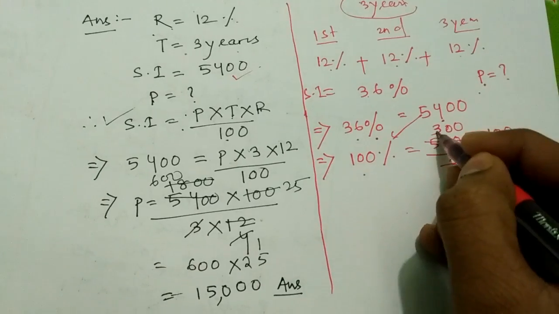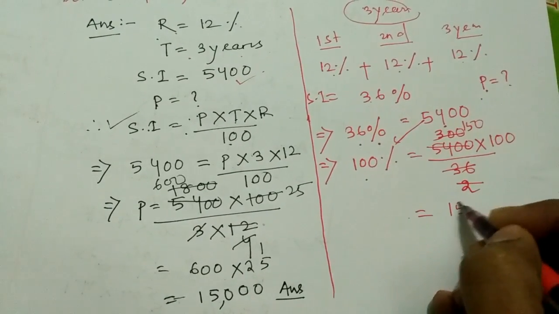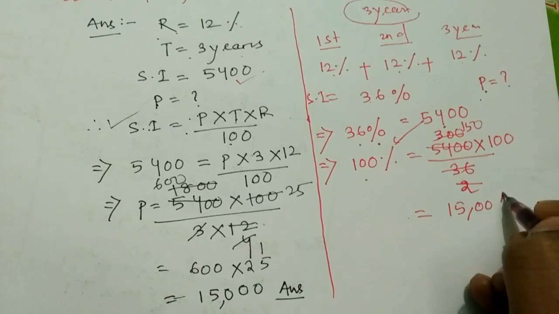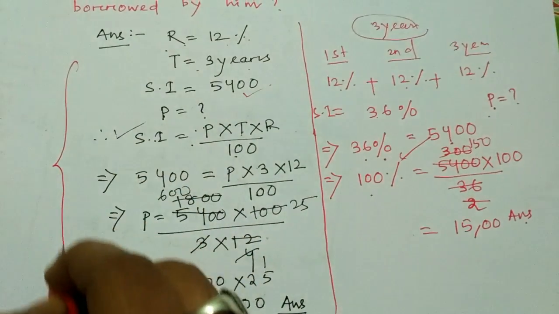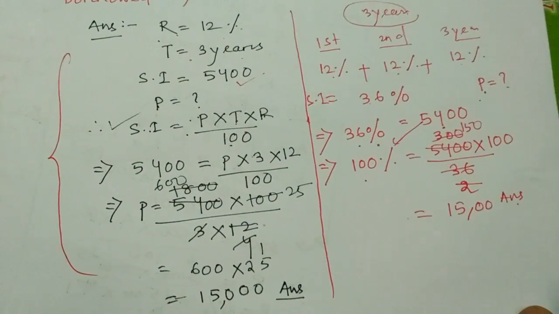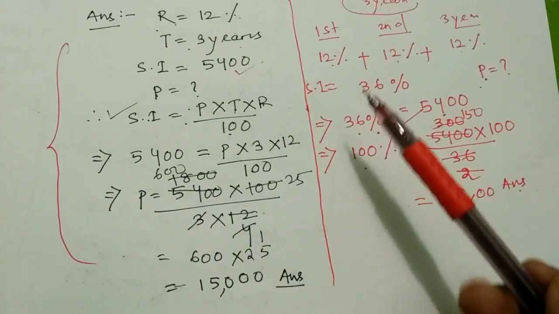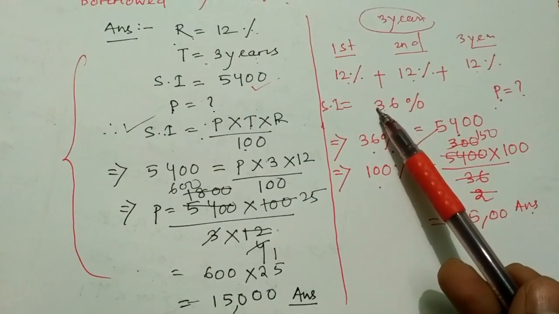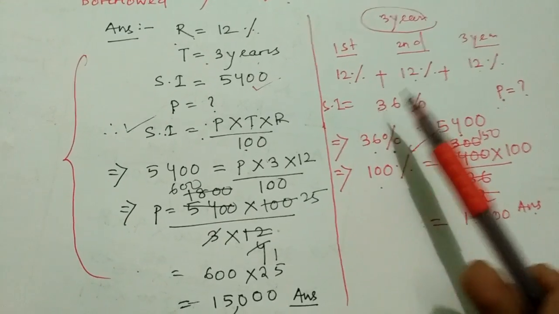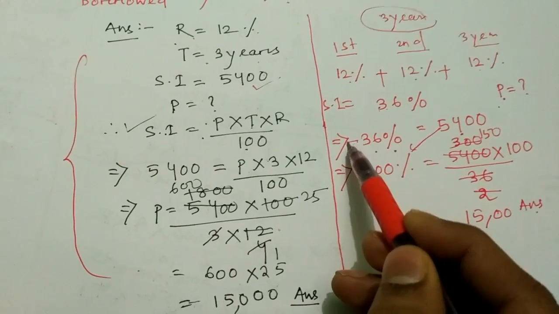So this is 2, this is 150. So 150 into 100, that is again 15,000, the answer. So this is the traditional method. You can solve this by the traditional method in your school exams, and this is the solution for all those friends who are preparing for their competitive exams. You can solve it within 2 steps.